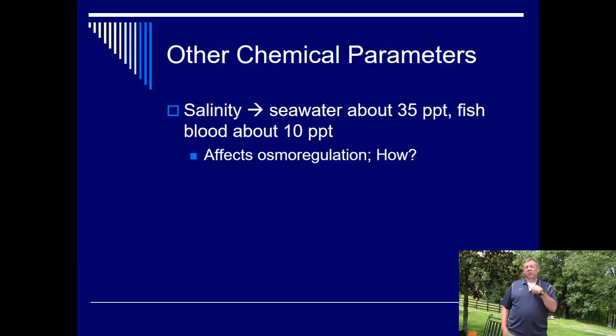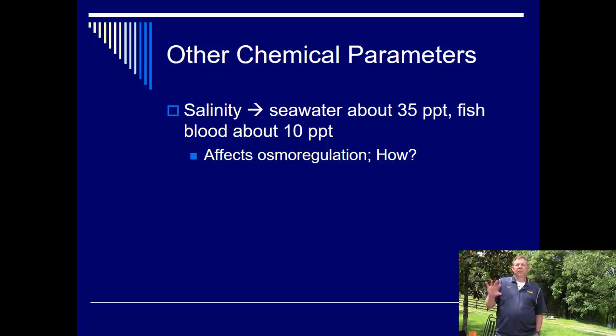It's going to go into the fish, right? The water is always going to go to where it's saltier. So a freshwater fish is constantly taking on water, and they have to constantly get rid of it. So they're constantly urinating. And a lot of times if you catch a fish, you pick them up and you hold them sometimes, they pee everywhere. That's because they're constantly doing that.